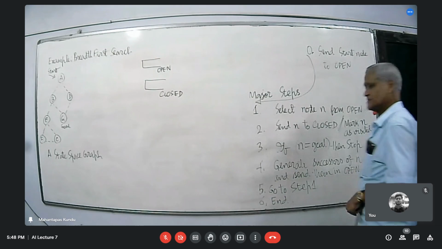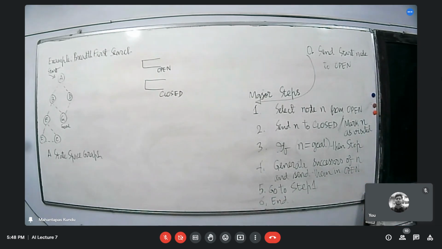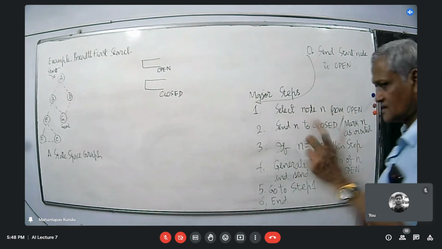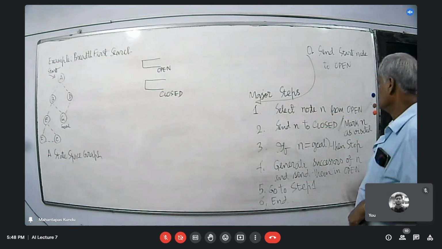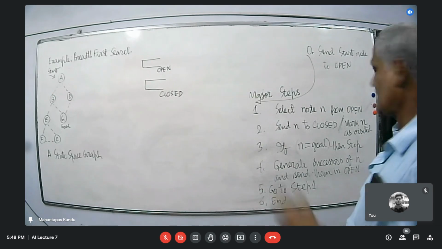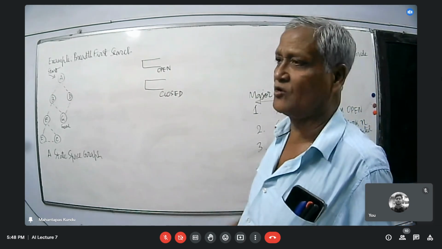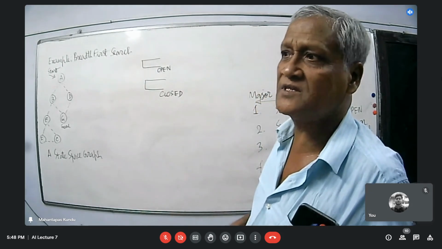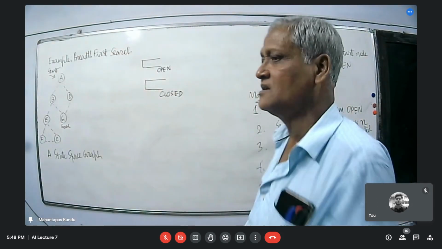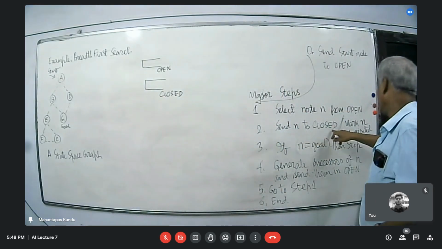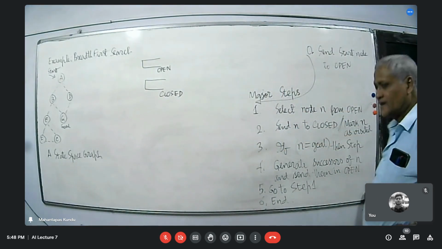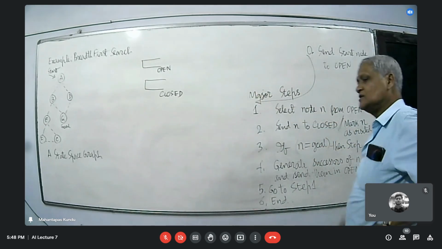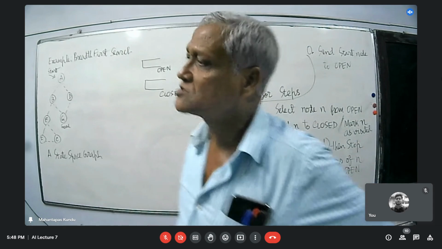So first select a node N from the open list, and after selecting it, it should be marked as visited. To mark it visited, store it in a separate list, that is closed. So send N to closed, then check if N is equal to the goal node. If N is equal to the goal node, then this search algorithm will stop.